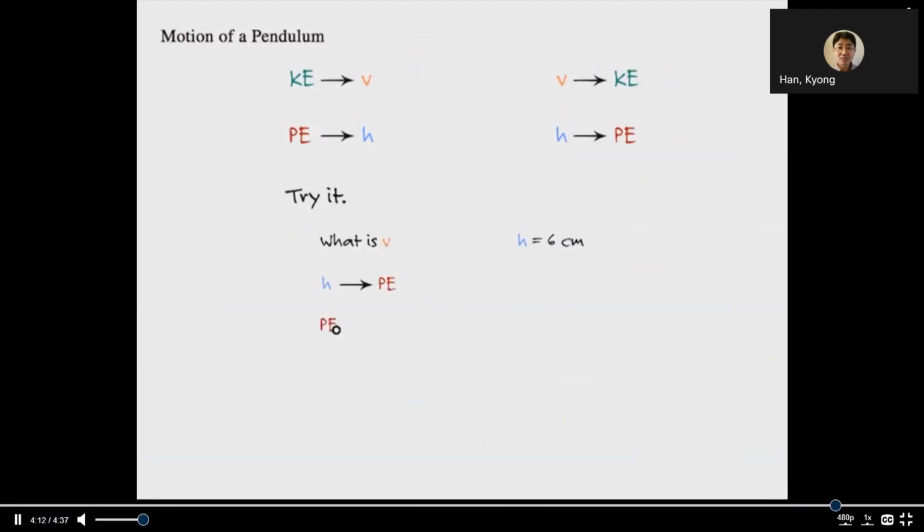Know your potential energy and your total energy, which is still 0.588 joules, you should be able to find your kinetic energy. Know your kinetic energy, you should be able to find the velocity. Don't forget the square root. You should end up with a velocity of 1.08 meters per second. Try it.